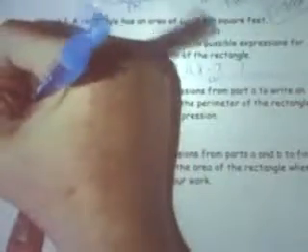I found the length and the width. B. Use your expressions from part A to write an expression for the perimeter of the rectangle. Well, I would draw a picture of a rectangle. Here I'm going to have x plus 7. Over here I'm going to have x minus 7.